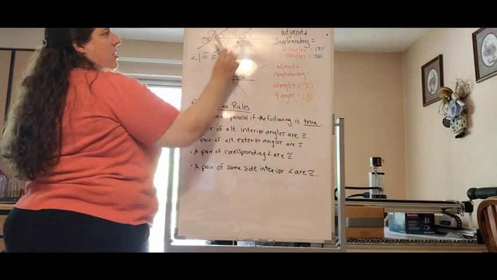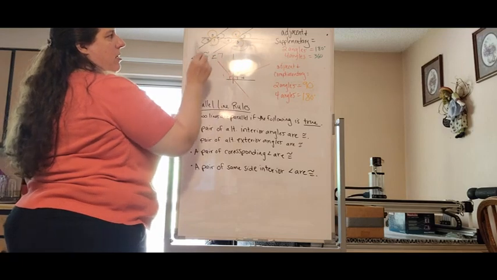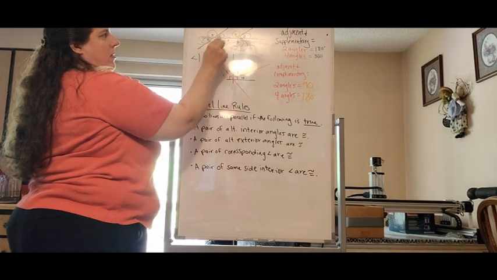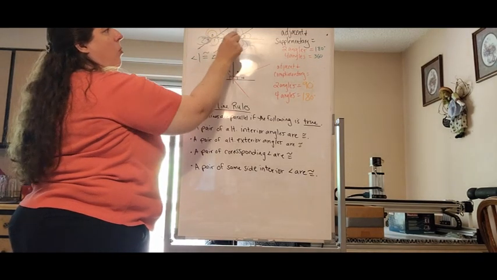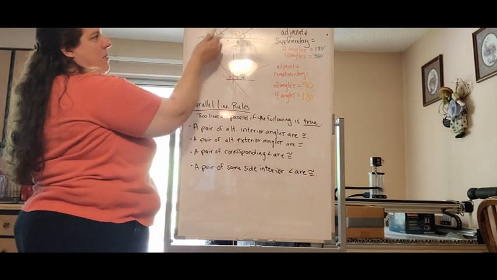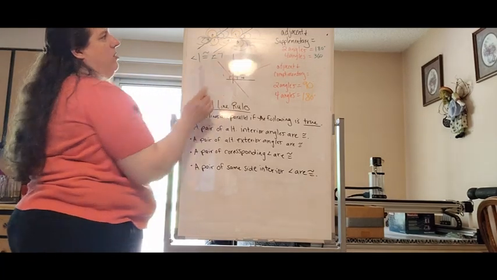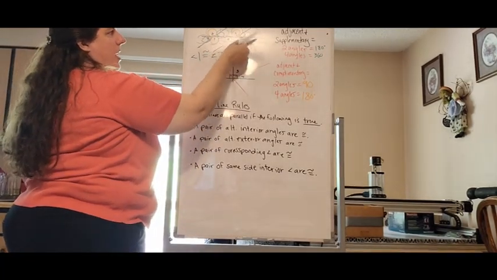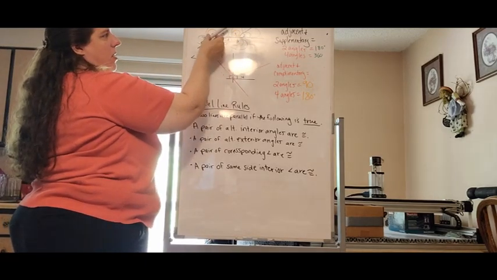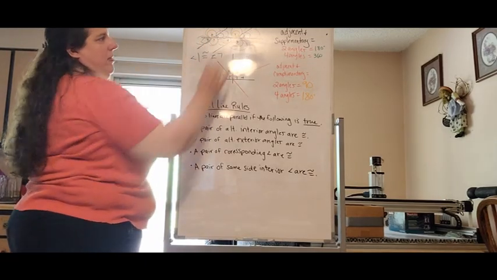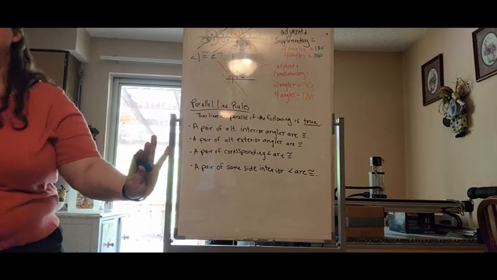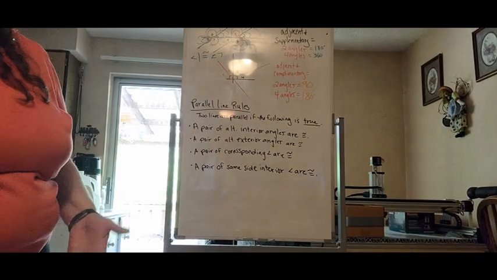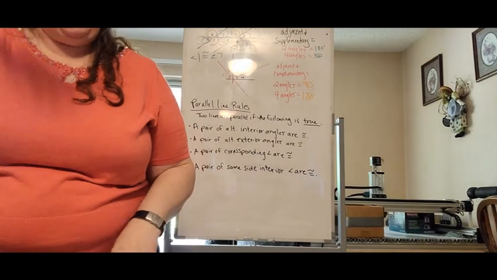So it'll be 7 and 3, 8 and 4, 5 and 1, 6 and 2. So it's on the same side of this line and the same side of that line, at the right or at the left, and at the bottom or at the top. I know it's weird. It actually makes a lot of sense to me. It does, yeah. Eventually.